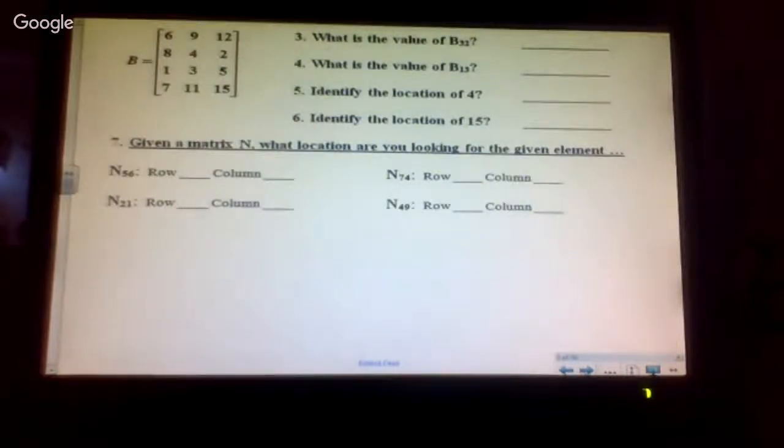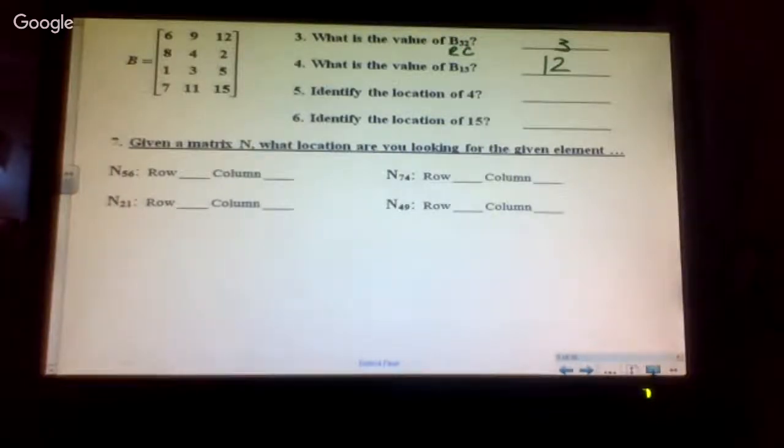Okay, so here's matrix B. What is the value of B sub 3,2? This is row 3, column 2, which is a 3. What about 12? Identify the location of 4.